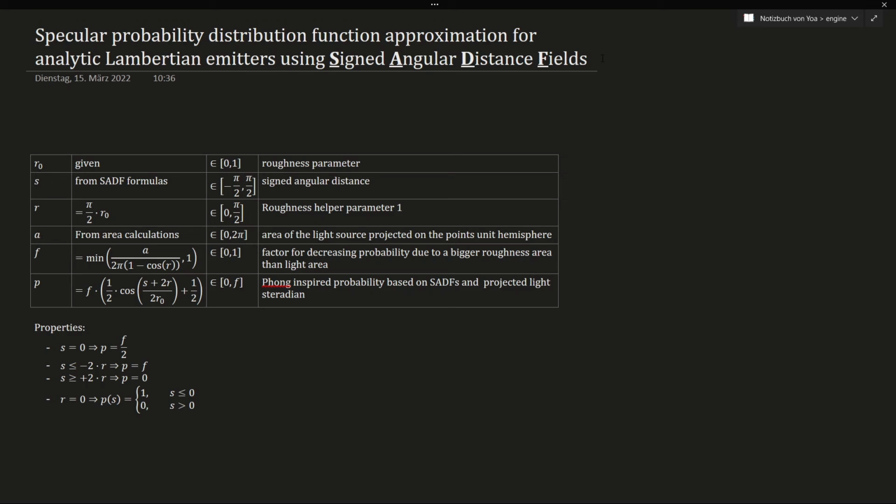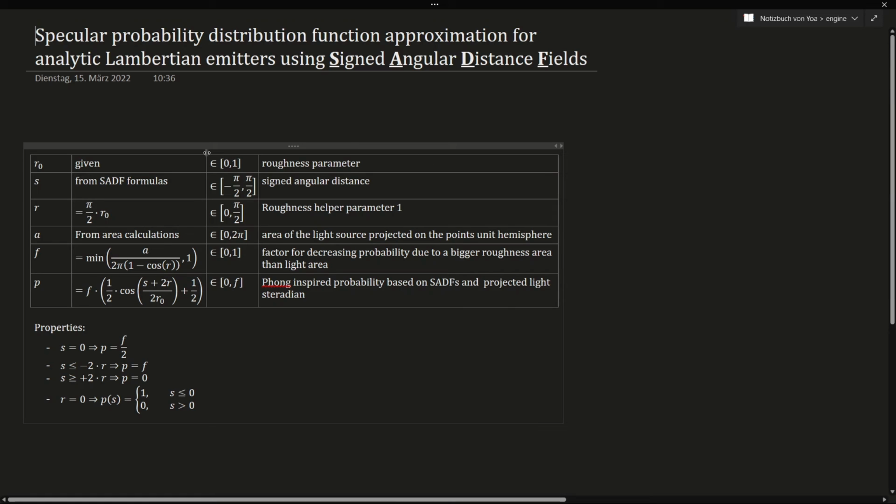One more thing I want to talk about is the specular probability distribution function approximation for analytic Lambertian emitters using signed angular distance fields, which is a tiny set of mathematics I came up with to calculate the specular appearance of arbitrarily shaped Lambertian emitters.